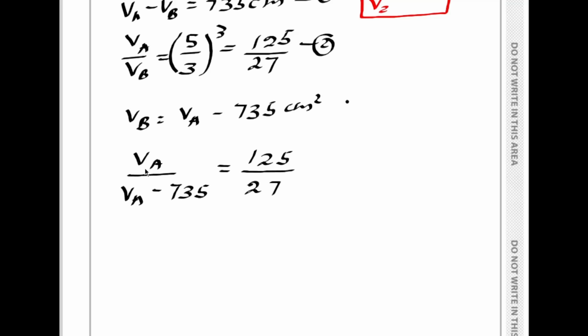I'm going to cross multiply, then 27 VA equals 125 times (VA minus 735).